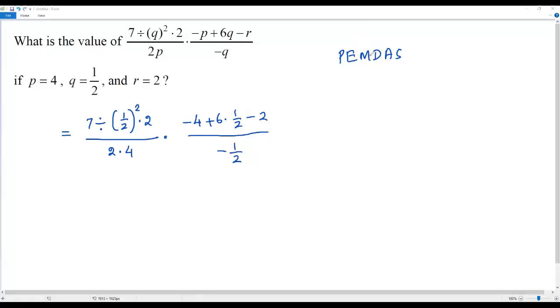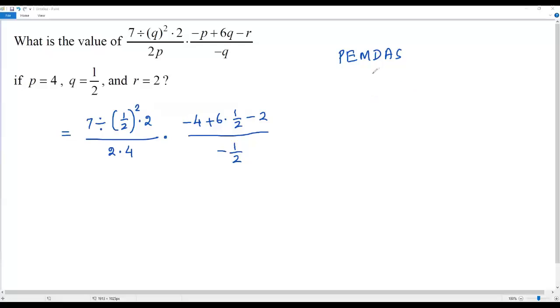Whenever we have multiplication and division together, we have to look at the numerical expression from left to right. The one which comes first has to be done first. For example, when you have division first and then multiplication, you do division first and then multiplication next. In case you have multiplication first, then do multiplication first and then division next.